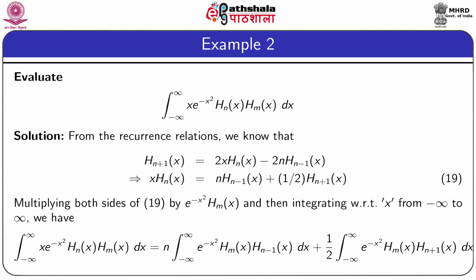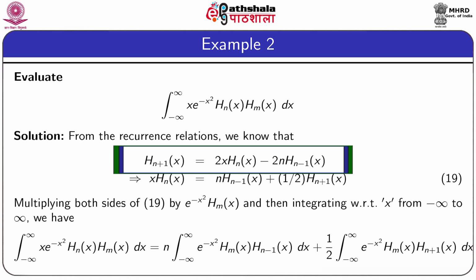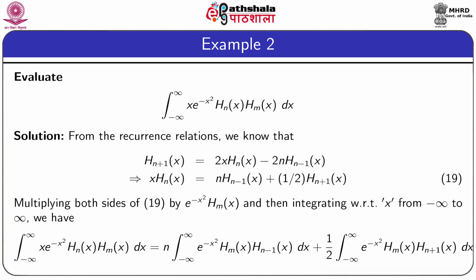Now, from the recurrence relation, we get H_{n+1}(x) is equal to 2x H_n(x) minus 2n H_{n-1}(x). Rearranging the terms, we will get x H_n(x) is equal to n H_{n-1}(x) plus half of H_{n+1}(x), given by equation 19.